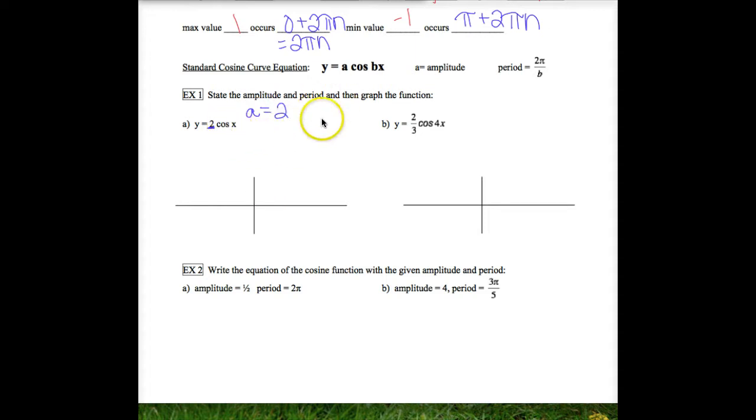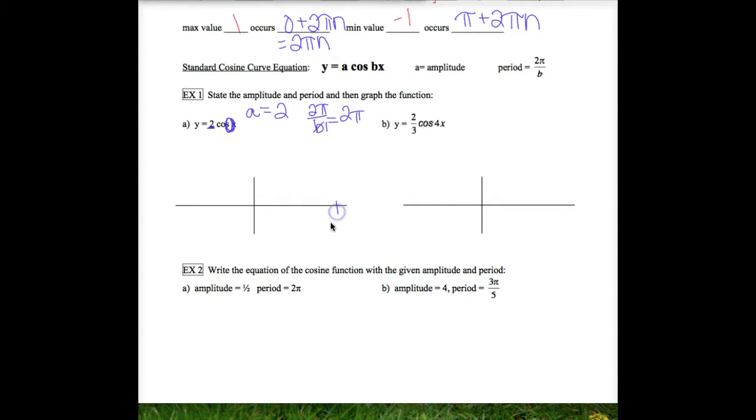Then my B value, 2 pi over B equals the period. In this case, my B value, the number in front of the x, you can see is just 1. There's nothing there. So B is 1, which is how we get 2 pi to equal itself. So when we graph it, same thing as the sine curve.